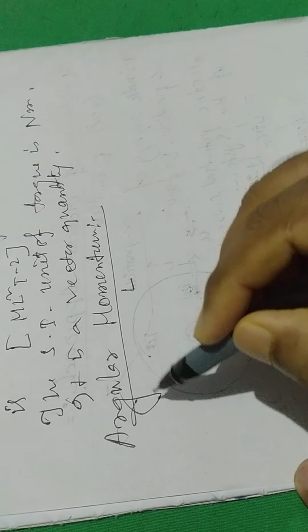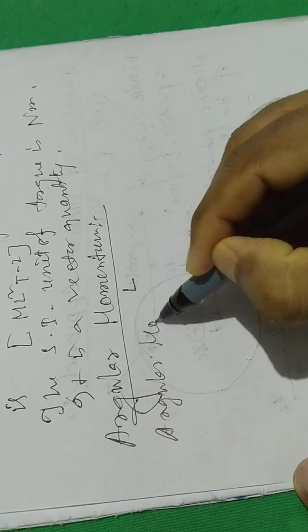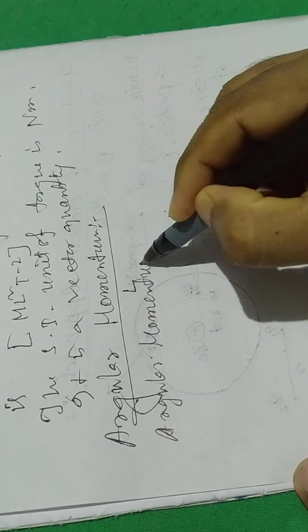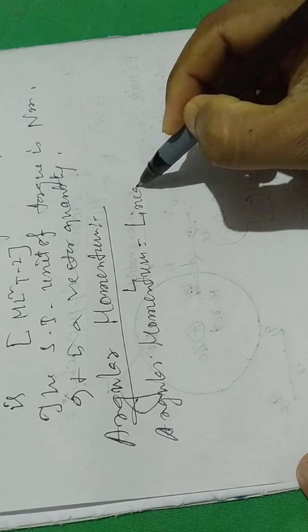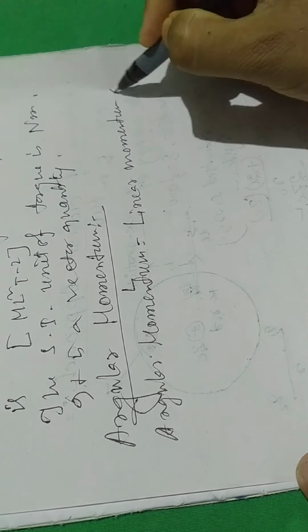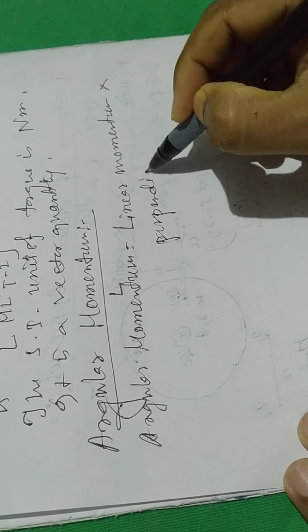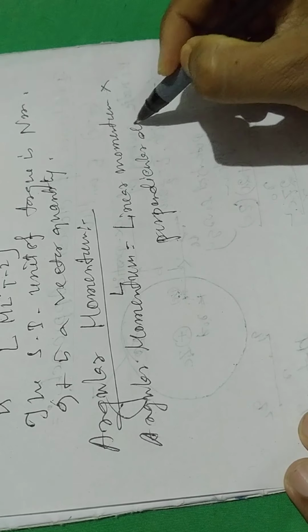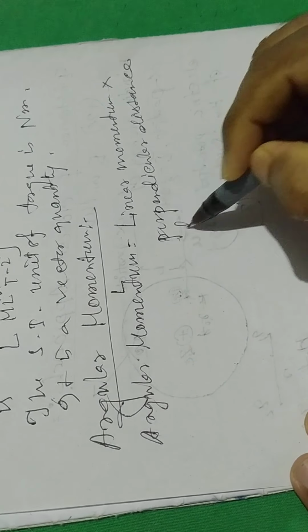So angular momentum is linear momentum into perpendicular distance from the axis of rotation.